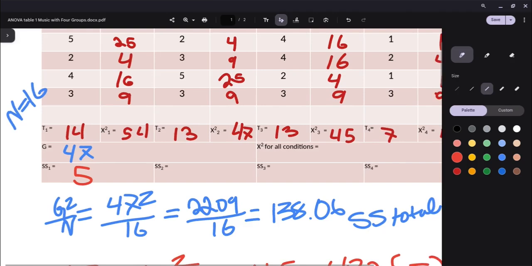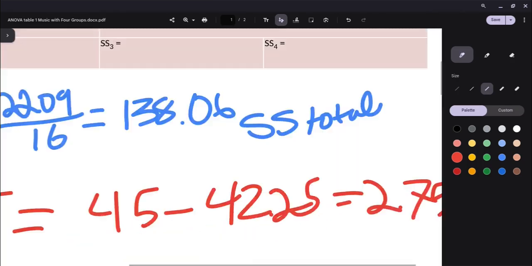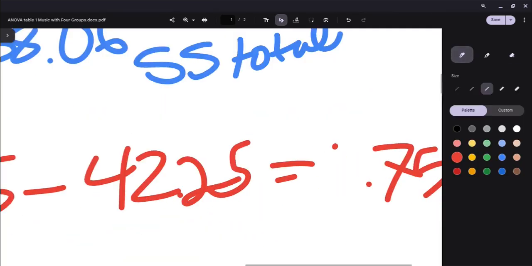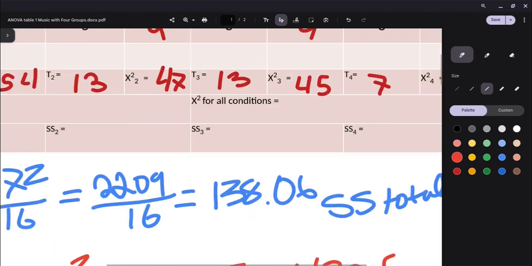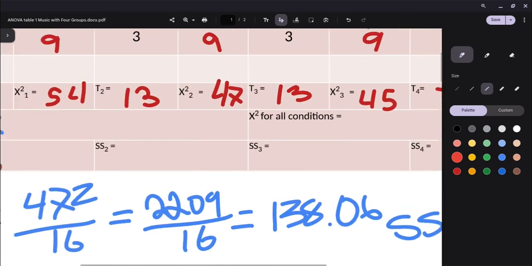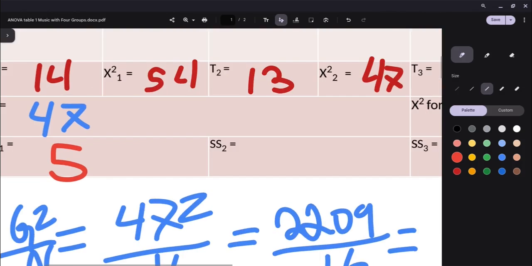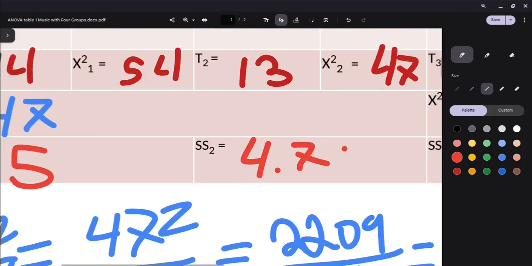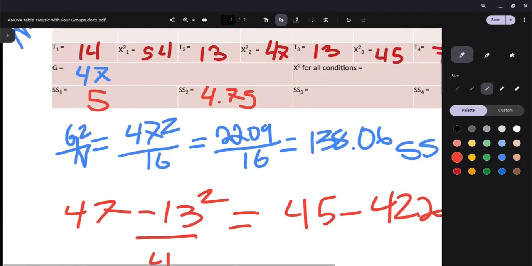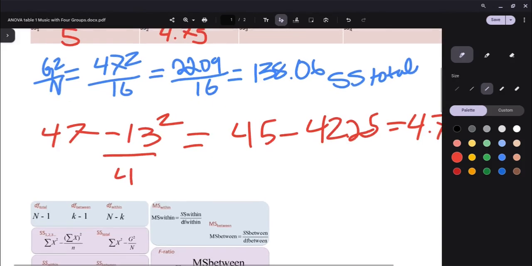Oops, that's not right. It should be 4, I don't know what, I might have a heat stroke right now. SS2 is 4.75, and then rock and roll. Oh, I looked down my notes. Okay, I see what I did. Rock and roll is similar.